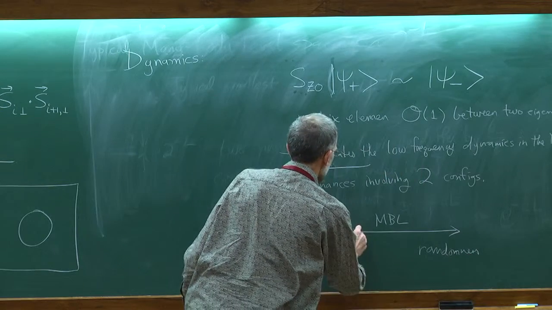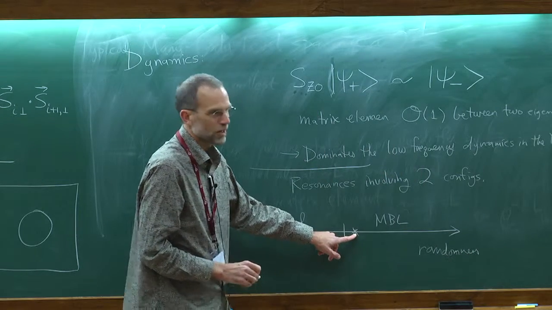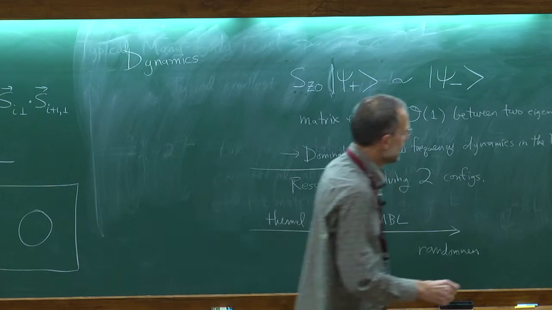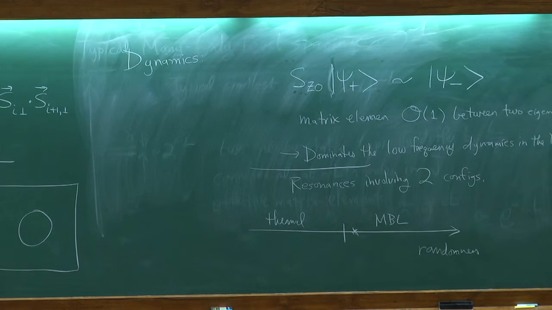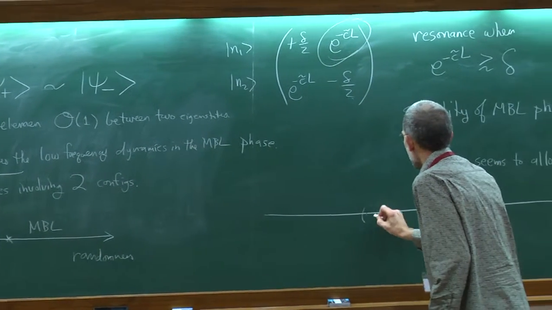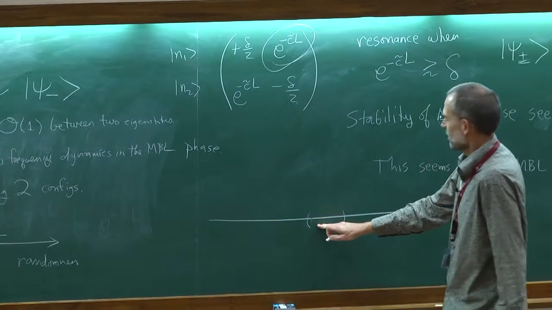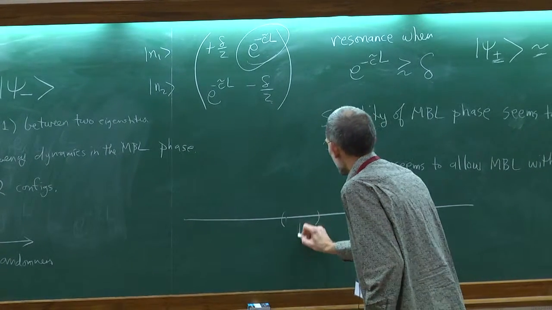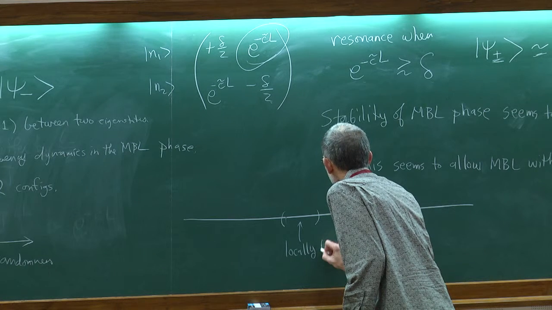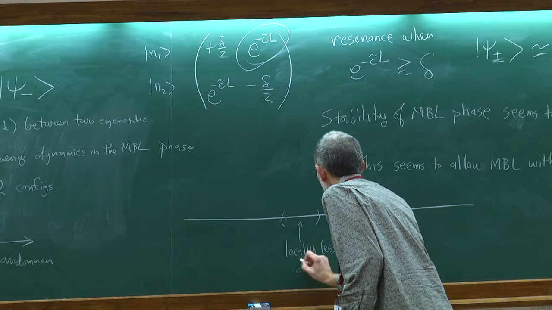So we're at this point in the phase diagram where we're in the many-body localized phase, but the thermal phase is nearby. And so now, again, I draw a picture of real space, and I can have a region of some length which is locally less disordered.